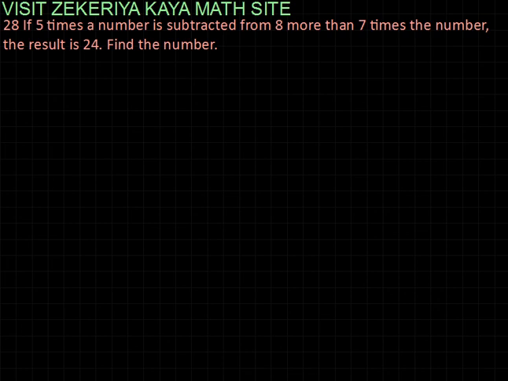You won't write anything. Firstly, 5 times a number. There must be 5 times a number, 5x. It is subtracted from something which we don't know. We must subtract 5 times a number from something which we don't know. So now we will define that thing. What is that thing? 8 more than 7 times the number.